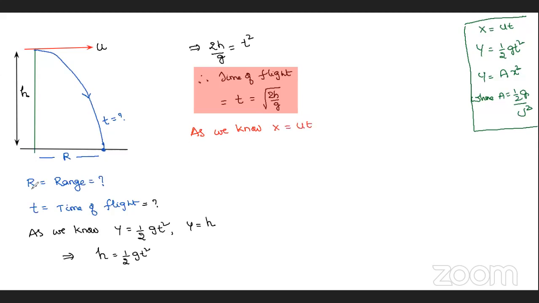Here I am asking for the range, so x equals r, in the time of flight. x equals r and t equals the time of flight, root of 2h by g. Substitute the two values there and you will get the answer. Therefore, just one step. That implies x, which is r, equals u into root of 2h by g. That's it. This is the range. Over.